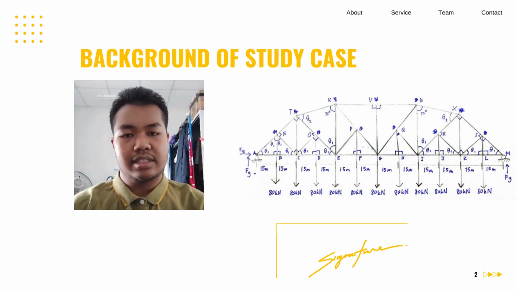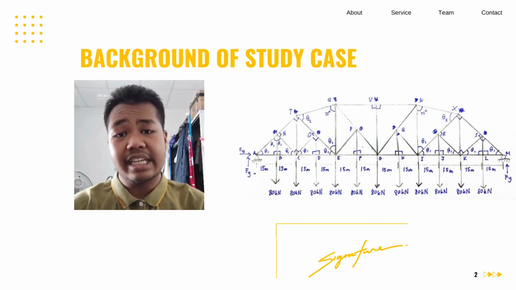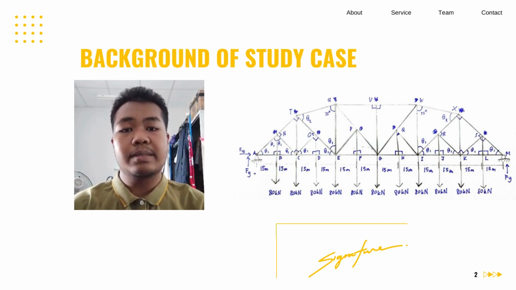So, first of all, this is a picture of the Pennsylvania Truss Bridge. As you can see, there are many external forces applied on some of the members. For example, there are 80 kilonewton at some of the members, and another piece of information that we can get is that there are two beam reactions.